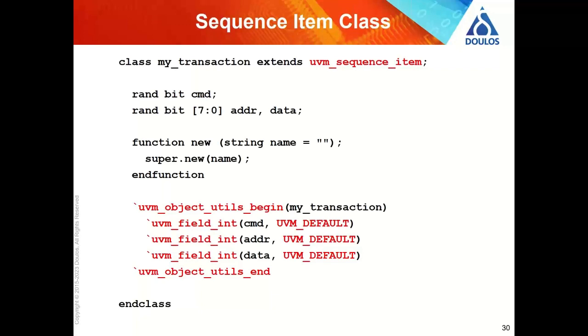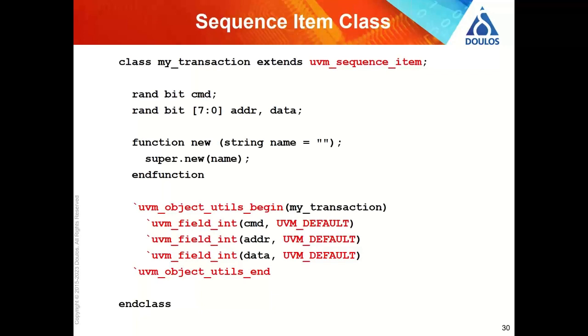We've got a constructor. Now, the constructor for sequence items is simpler than for components, because sequence items don't form part of the UVM component hierarchy. So they don't have a parent, they just have an optional name. We still have to call super.new with that name.